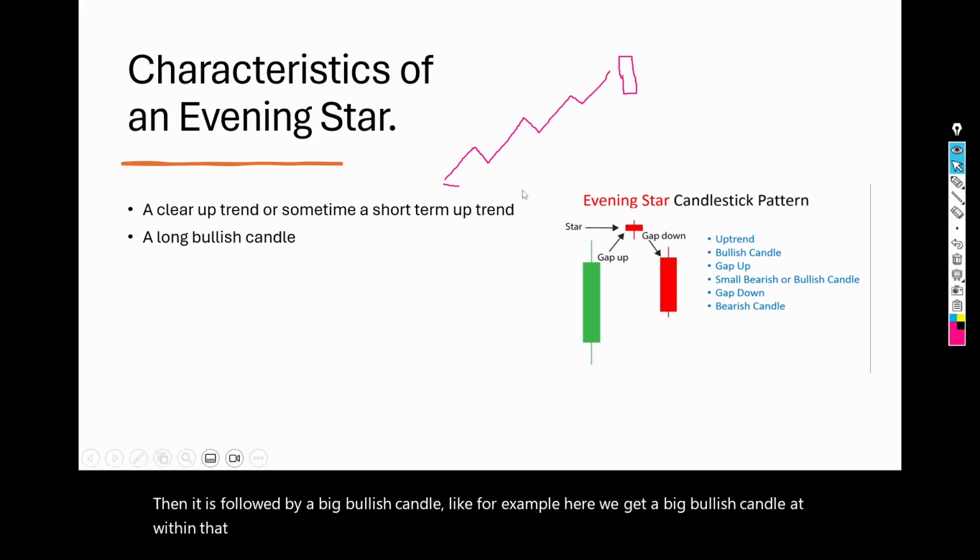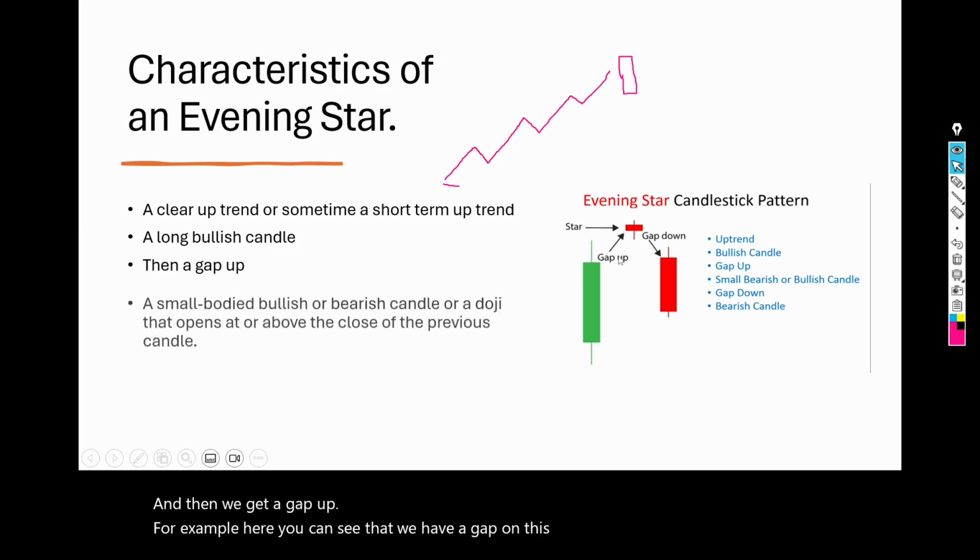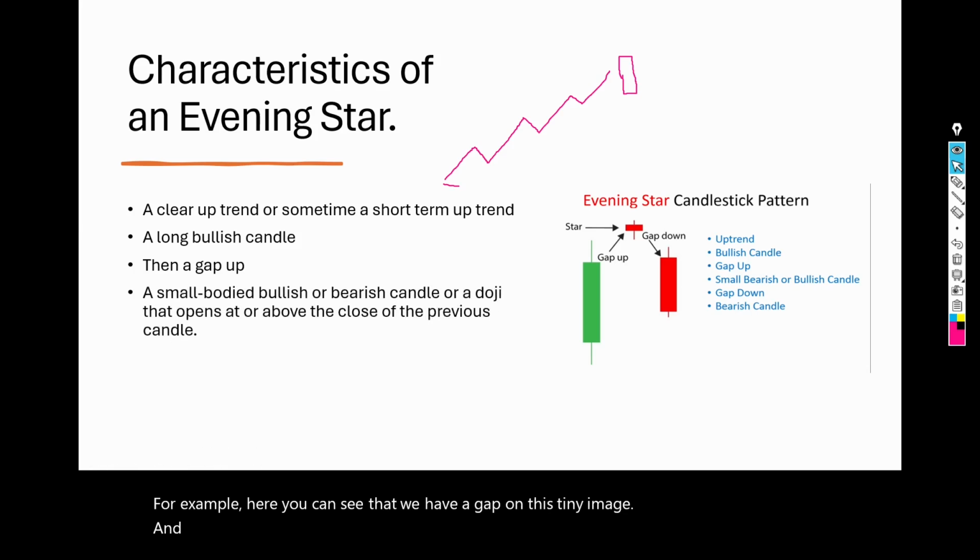Okay, and then we get a gap up. For example, here you can see that we have a gap on this tiny image, and then it is followed by a small-bodied bullish or bearish candle, in most cases a doji, that opens above the close of the previous candle.